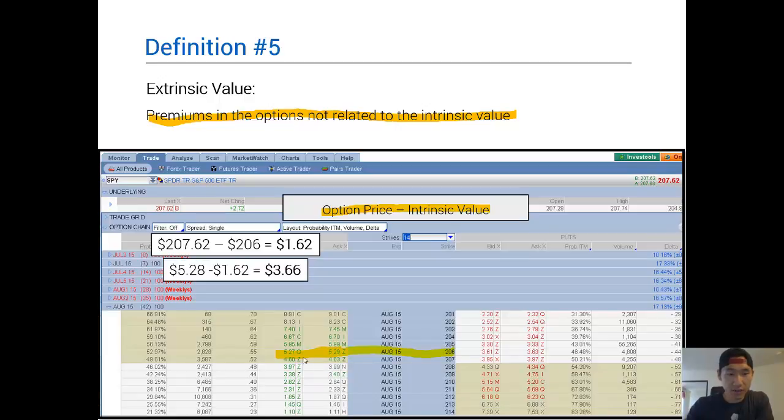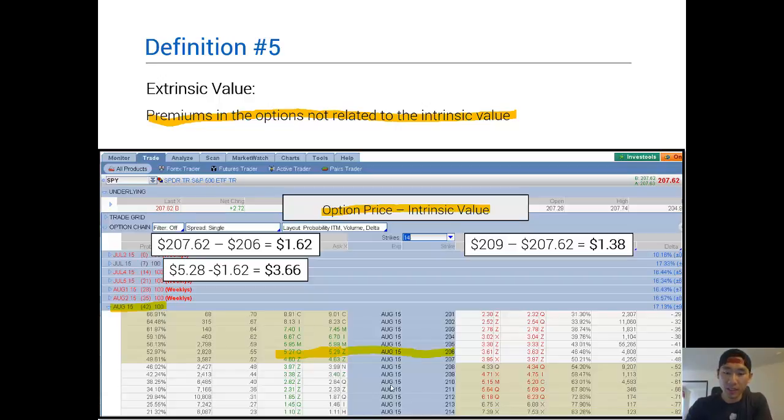So you take the option price, 5.28, minus $1.62, and you get an extrinsic value of 3.66. The 3.66 usually relates to the time value of money, the premium of the time value, and we'll go over that in a bit.